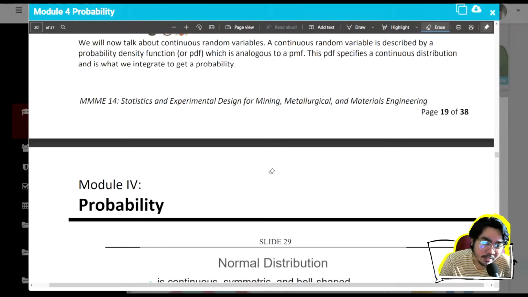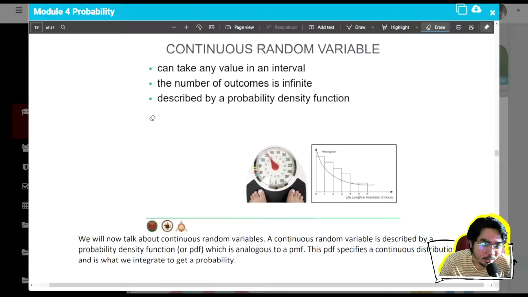So in that sense, maganda rin na aralin natin yung continuous random variables, which leads us to the continuous random probability function. And if you put this lesson into heart, you'll realize na itong continuous random variables are the basis for why we are able to do statistical analysis. Kasi when we do statistical analysis, basically this is all based on probability lang. This is a preview of the next few lessons.